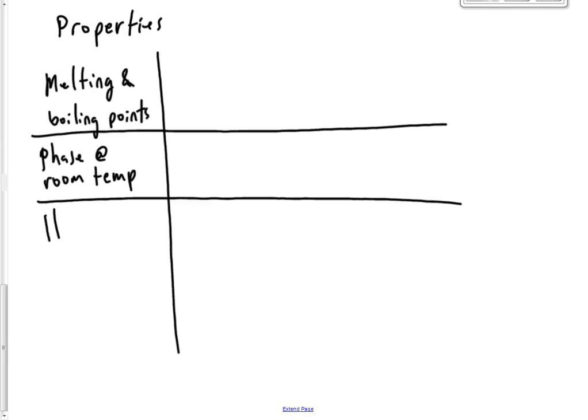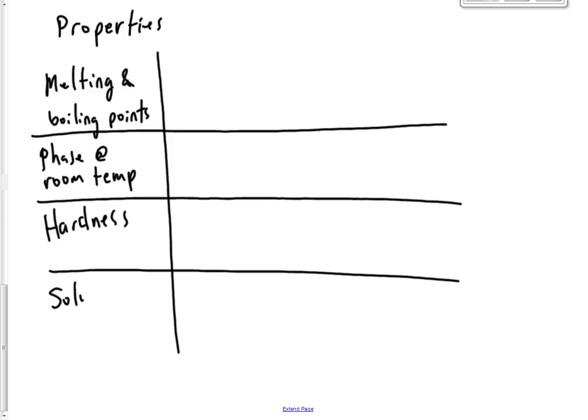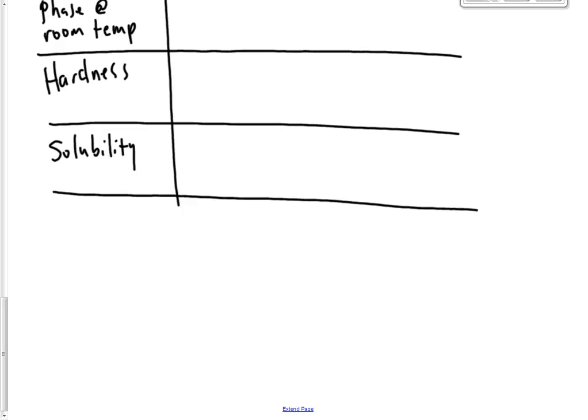You've got hardness, how hard is it? You have solubility, is it soluble in water? And finally, you have conductivity.